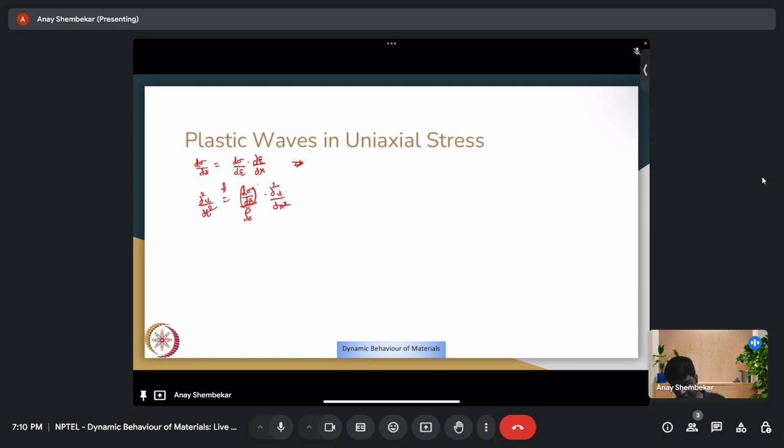This is the plastic wave equation. So we end up with plastic wave velocity as V plastic is square root of dσ/dε upon ρ naught.